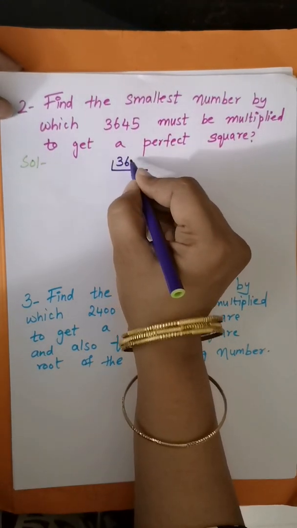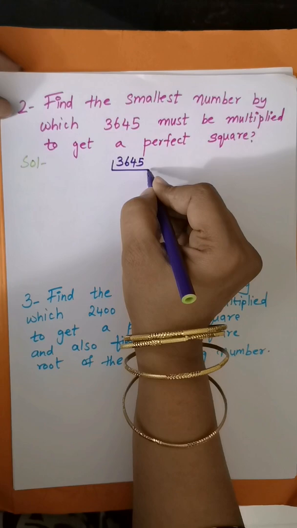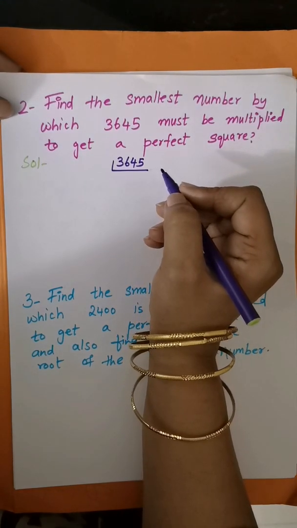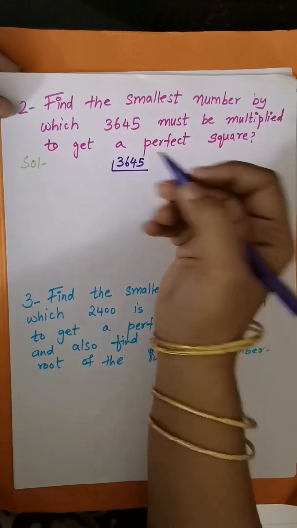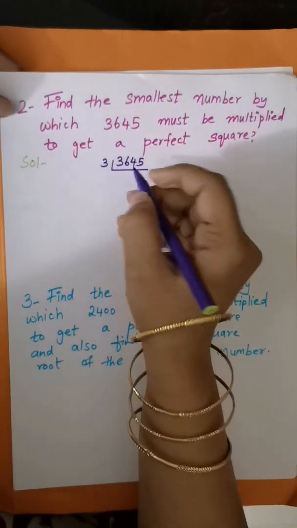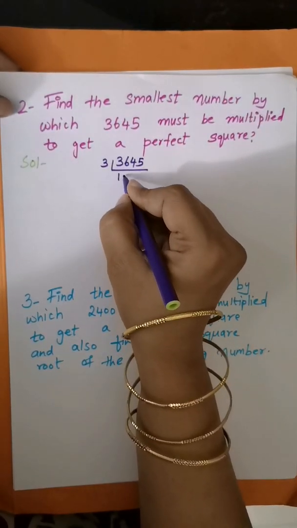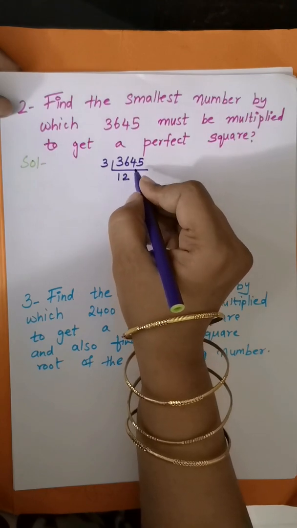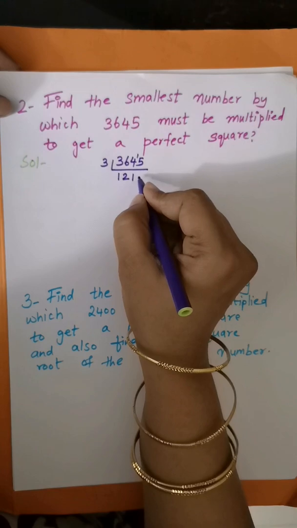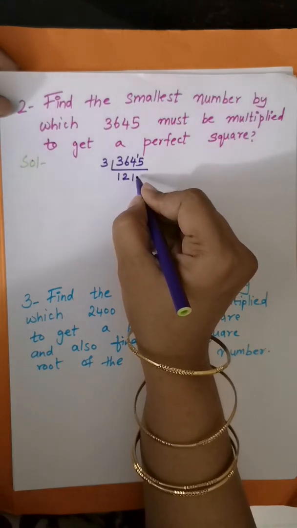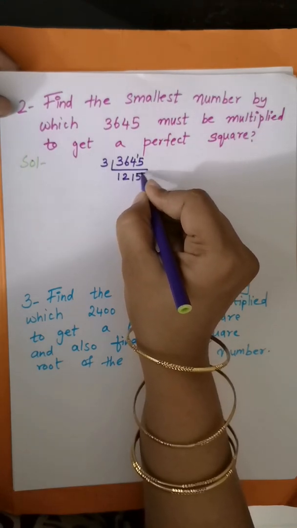Now 3, 6, 4, 5. So we can take 3 ones are 3, 3 twos are 6, 3 ones are 3, 1 extra will go here. 3 5s are 15.